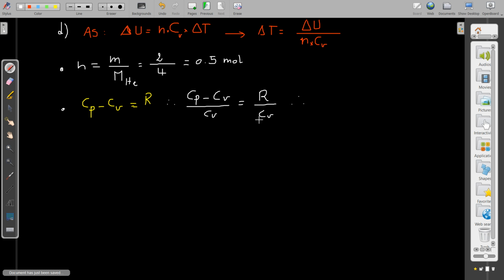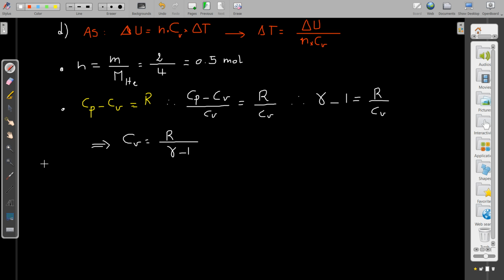And this Cp over Cv, which is equal to gamma, minus 1, is equal to R over Cv. When you invert, you will get Cv equals R over gamma minus 1.